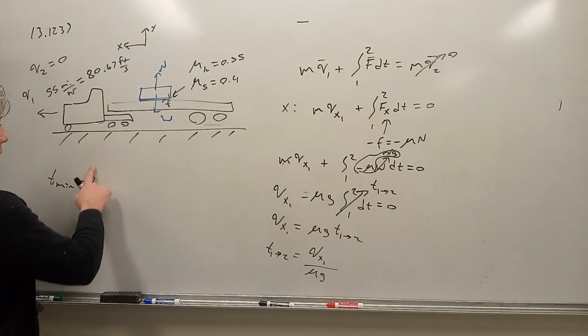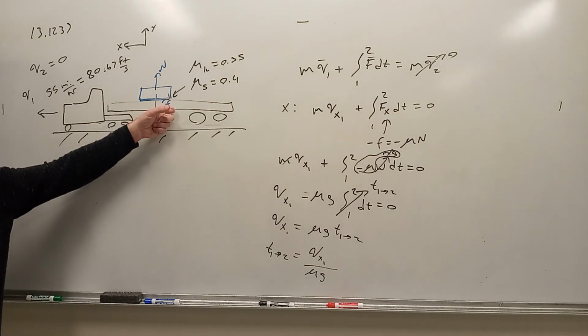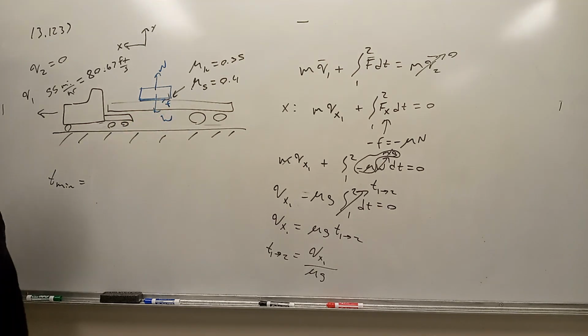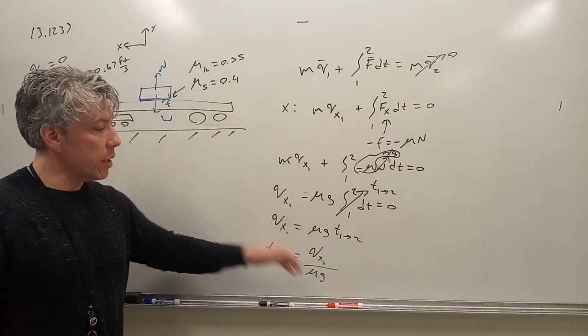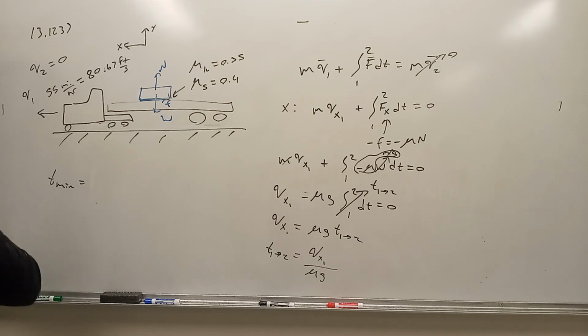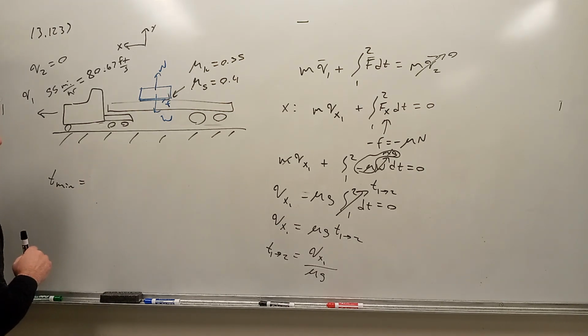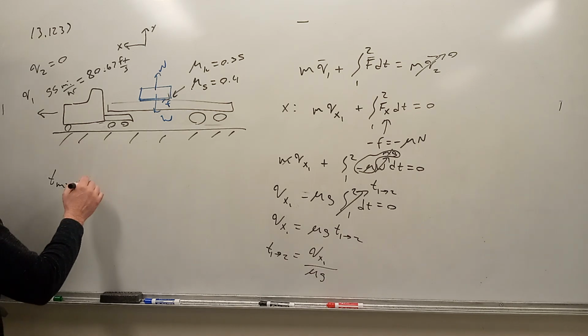So that time, that minimum time, why minimum time? Well, we're assuming we're going to apply the maximum frictional force possible so that it doesn't slip. So if it's not going to slip, what does that mean? Do we need to use mu s or mu k? Yes. Now there is a nuance here that I'm skipping over, but I'll talk to you about it in a second.